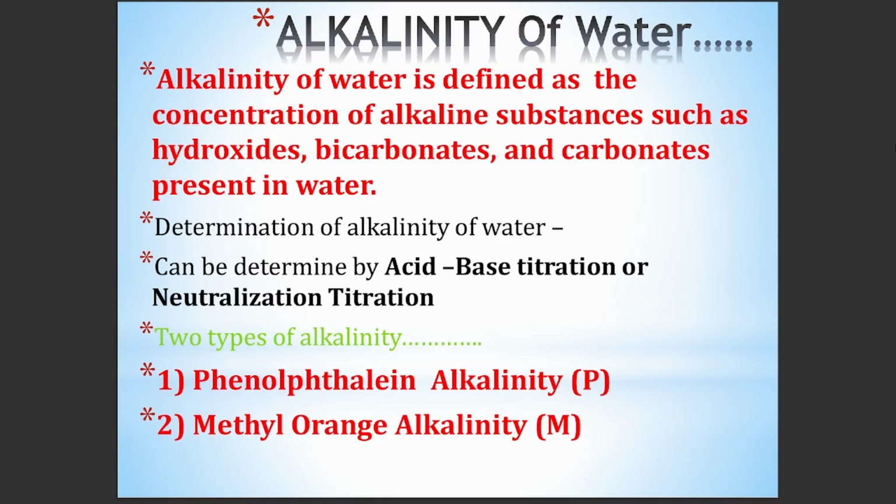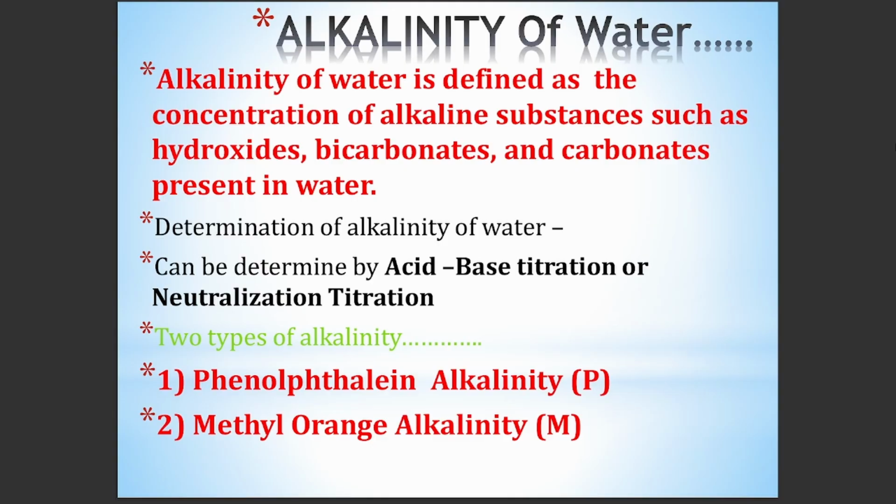So alkalinity can be defined in a simple way. It is the acid neutralizing capacity of water. So that is alkalinity. In a more correct way, alkalinity of water is defined as the concentration of alkaline substances such as hydroxides, bicarbonates, and carbonates present in the water.